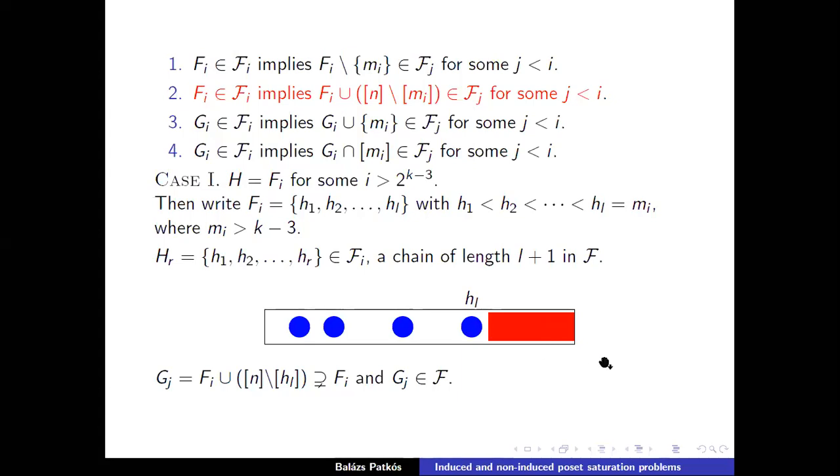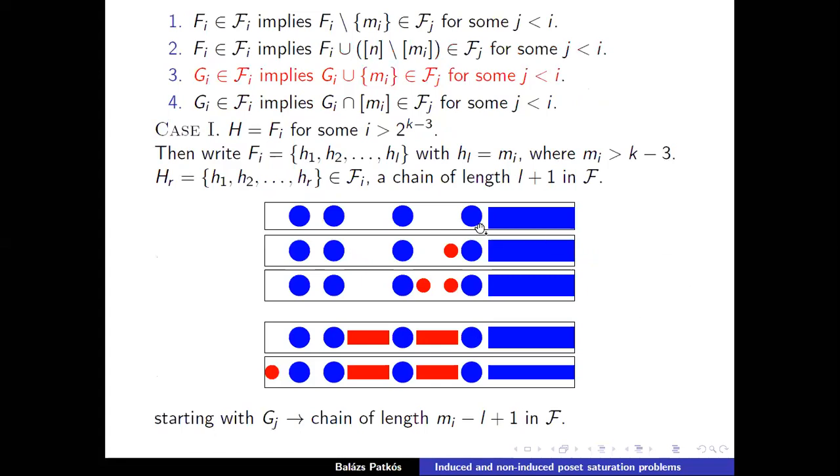And then, starting from this set, I can apply statement number 3 and add the missing elements one by one, starting from the largest one, second largest one, and so on, up till I fill in all the elements and I get the whole underlying set. And a little bit of thinking gives me that the number of sets here is m sub I, so this element, minus L, so the number of green dots here, plus 1, because I go from 0 to m sub I minus L.